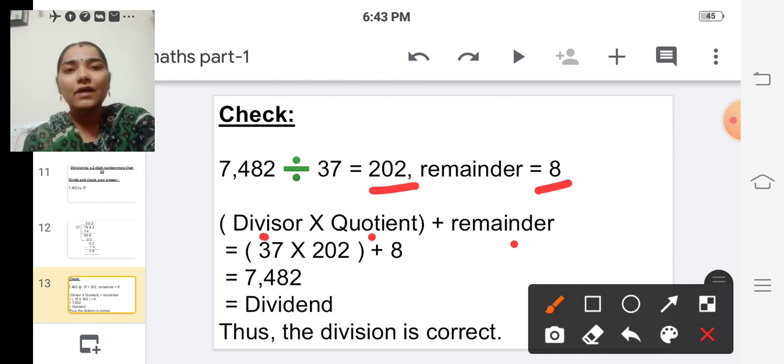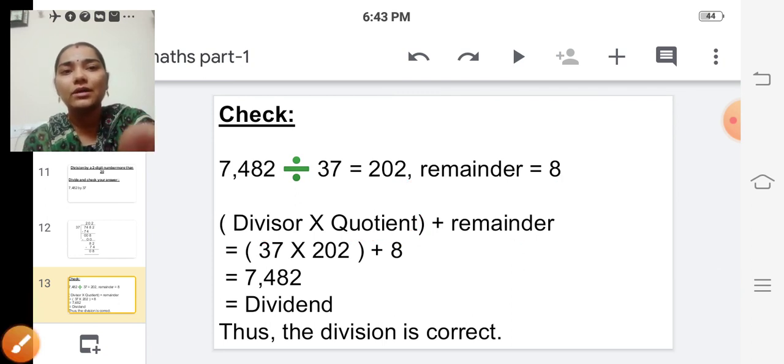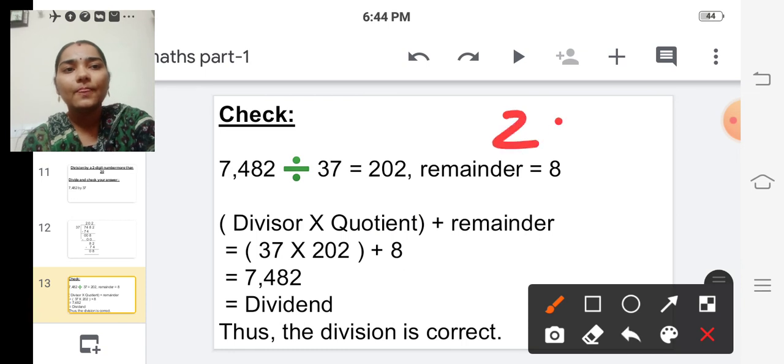First you should finish the multiplication, then only you can add. So divisor is 37 and quotient is 202, plus remainder is 8.